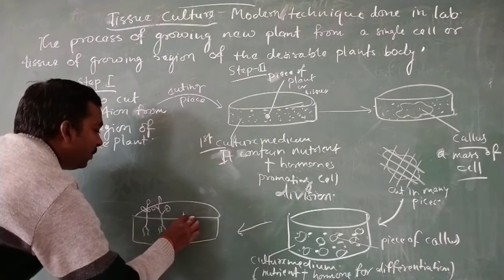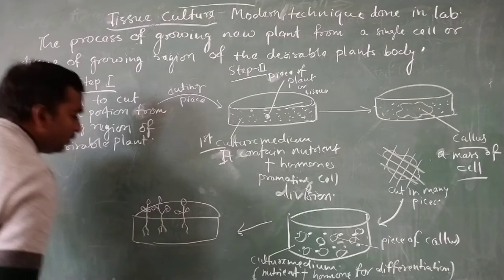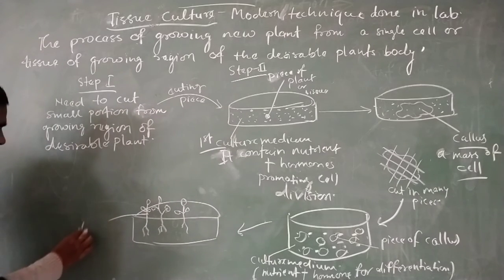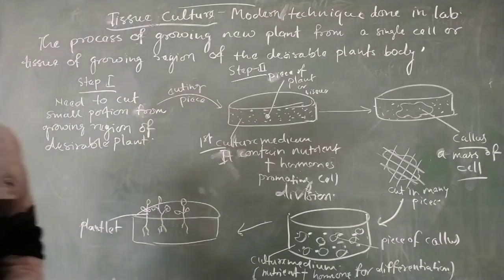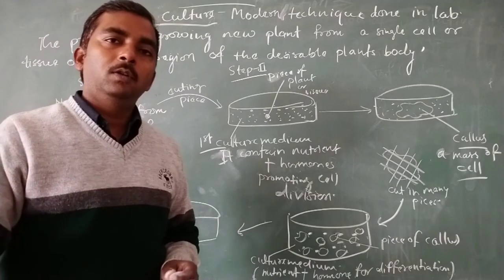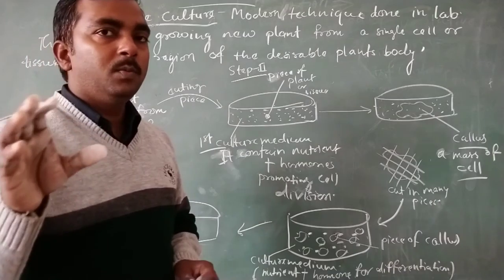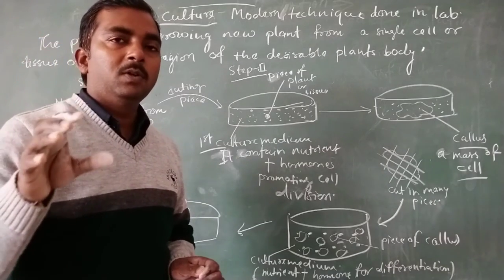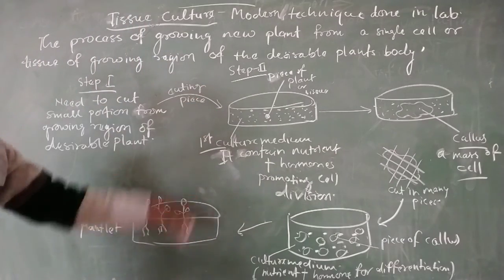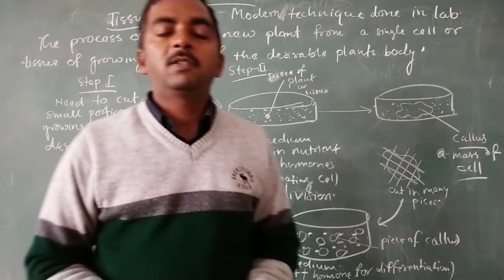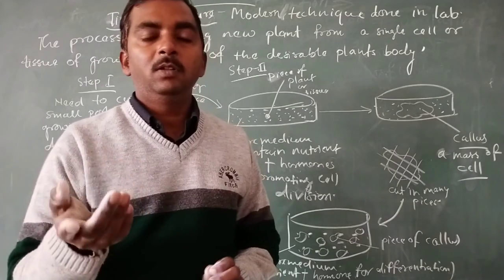These are known as plantlets, having root, stem and leaf. These plantlets can be easily transferred to a pot or into the ground to make a new plant with a similar body structure and similar yield properties. So this is all about the process of tissue culture, and in the next video lecture we will discuss the advantages and disadvantages of vegetative propagation along with tissue culture.